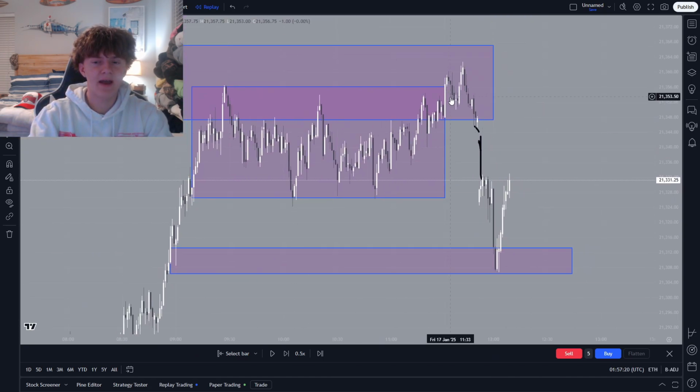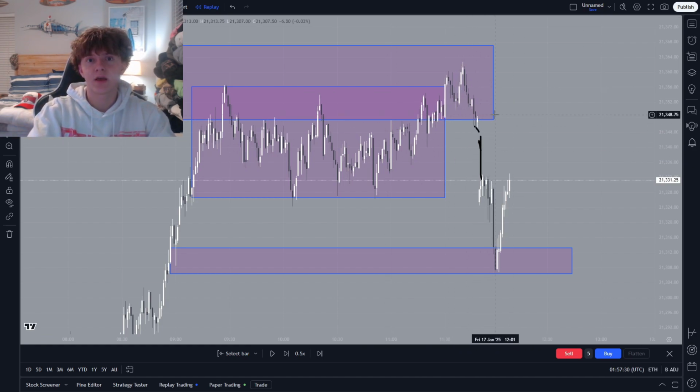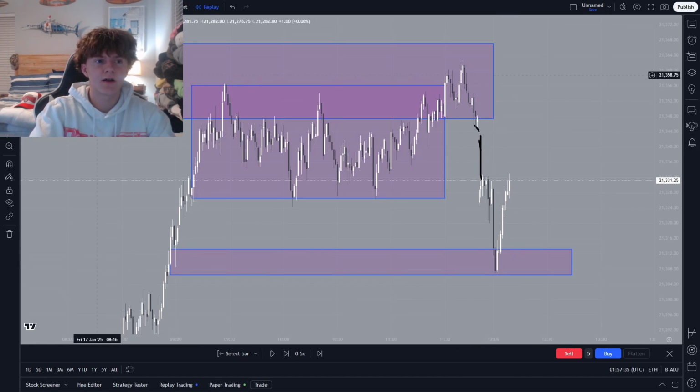So we tapped back in here, had a big fall back down to this fair value gap, which was our manipulation. Now, when we have this manipulation, retail traders who are playing support and resistance levels, those retail trader types of movements and strategies, all of these people got stopped out.